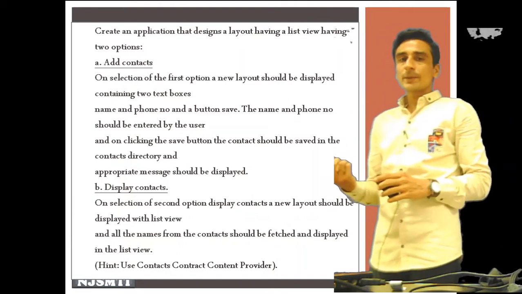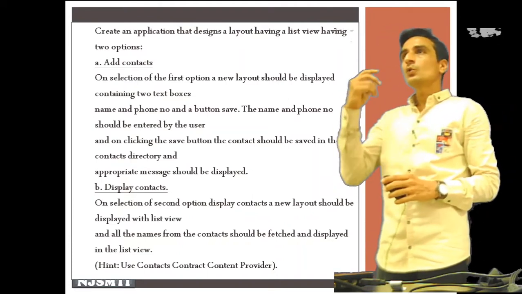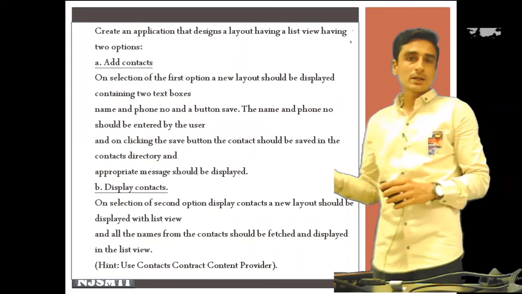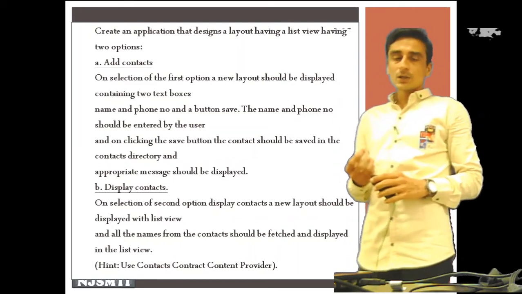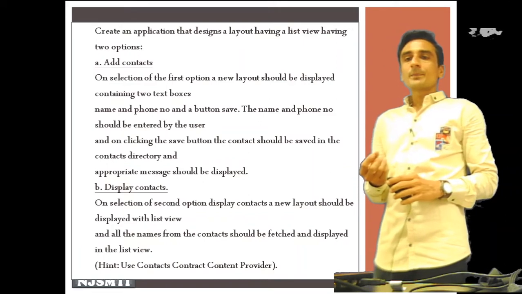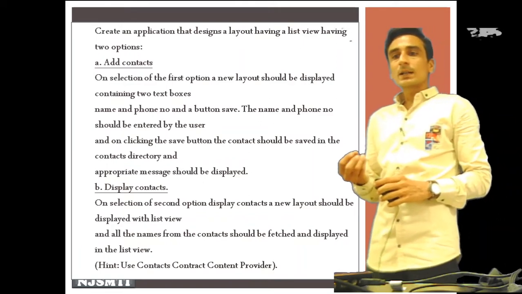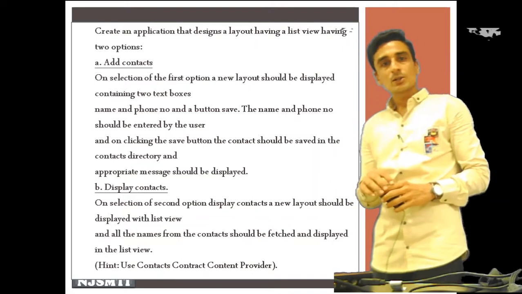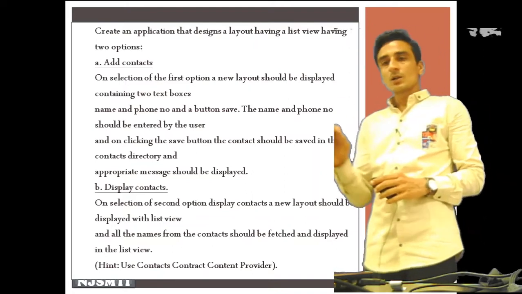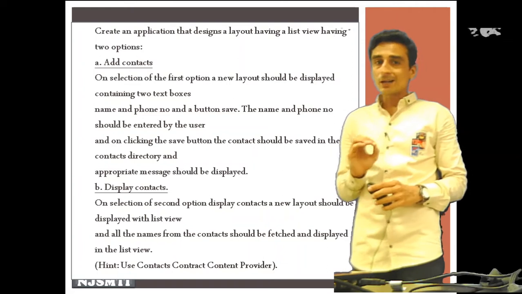So 2 columns are to be inserted in the contact content provider: name of the contact and associated phone number. And on clicking the save button, the contact should be saved in the contacts directory of the application or of the device.